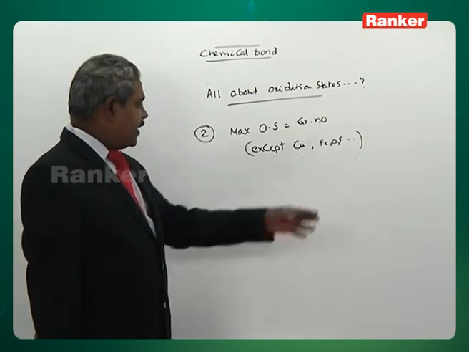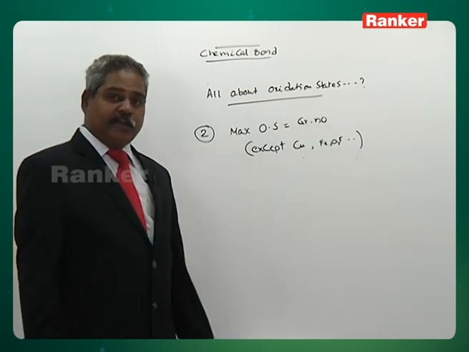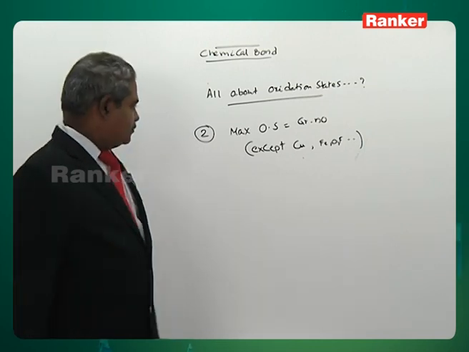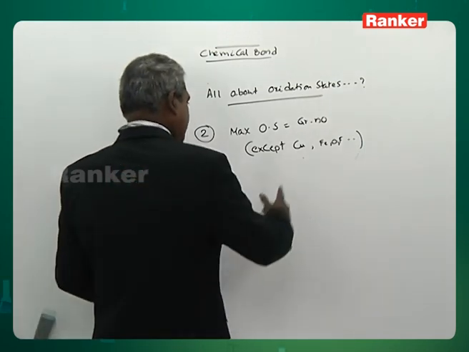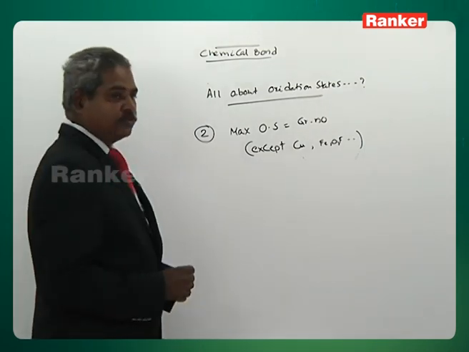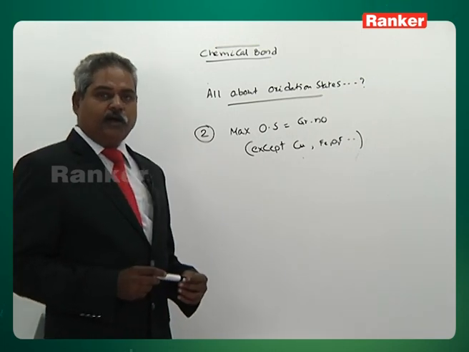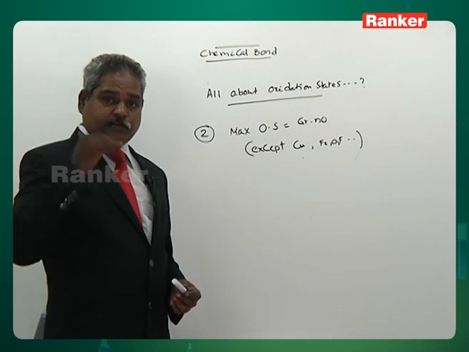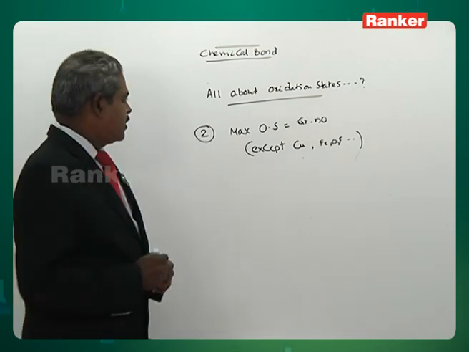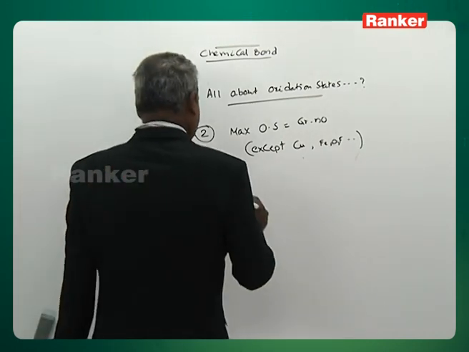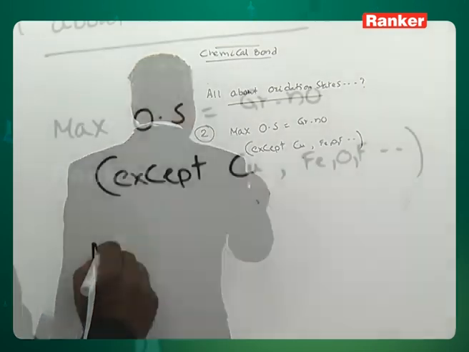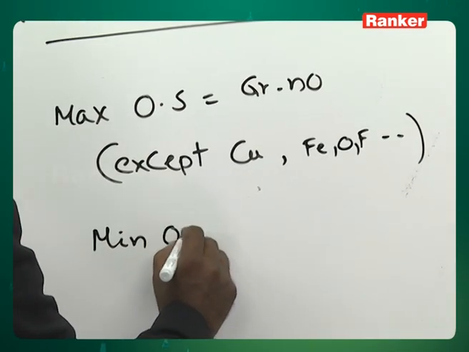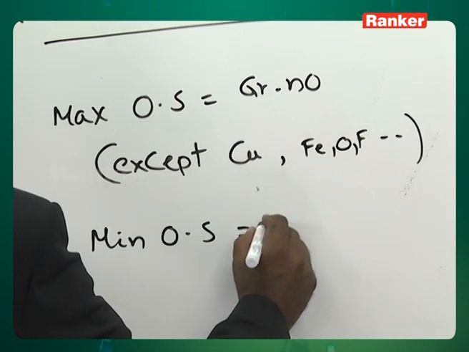Oxygen can exhibit up to plus 6, but it doesn't exhibit, that is a different matter. But copper is definitely an exception, because copper belongs to 1B and it cannot go beyond plus 1 according to this rule, but copper indeed exhibits plus 2 oxidation state. Now, maximum oxidation state. Minimum oxidation state is equal to group number minus 8.